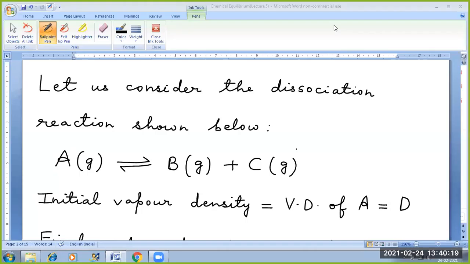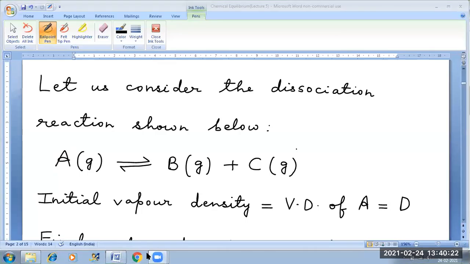So now, if I want to calculate or use the formula of density, P M by R T, what should I do if I want to find the value of the initial density of the system, I mean of A?